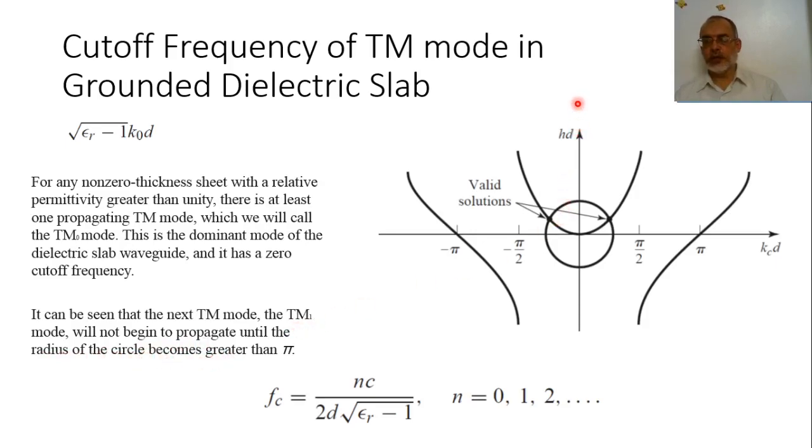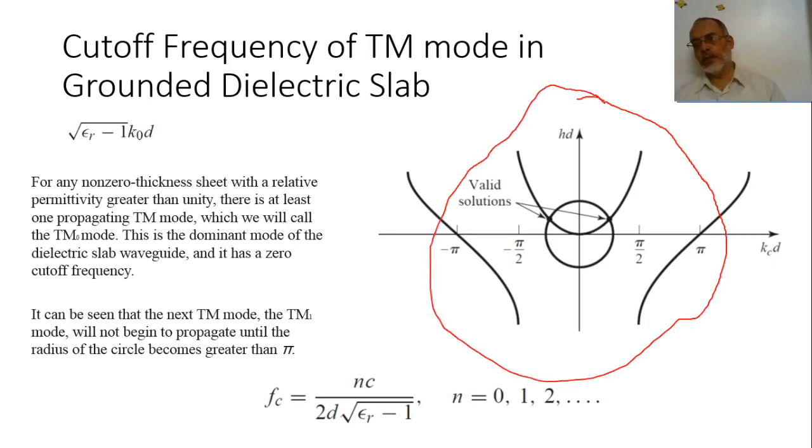If the circle here is greater than pi, we have another pole.